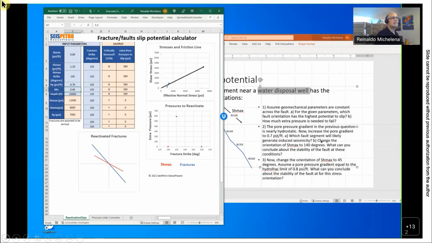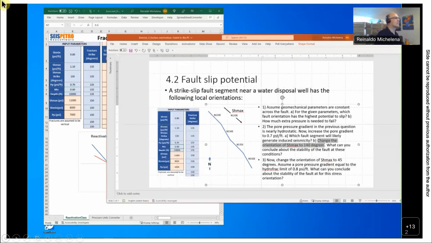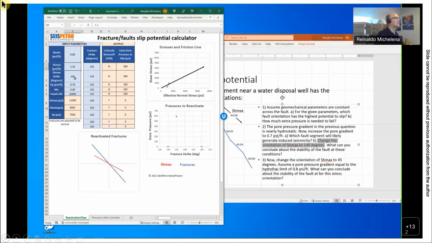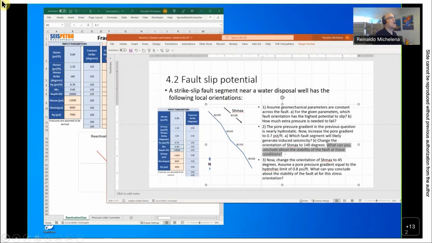Then it says here, change the orientation of SH max to 140 degrees. We're going to change that. Here at SH max, instead of 130, we move it a little bit. We put 140. And then it asks, what can you conclude about the stability of the fault in these conditions?